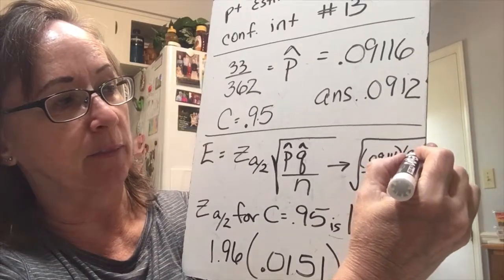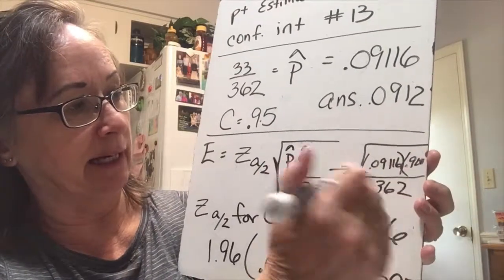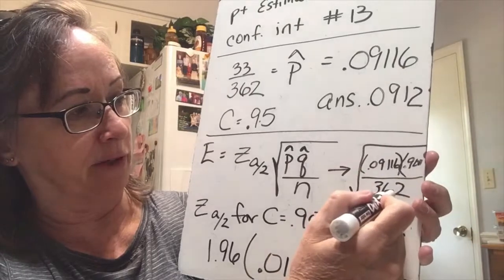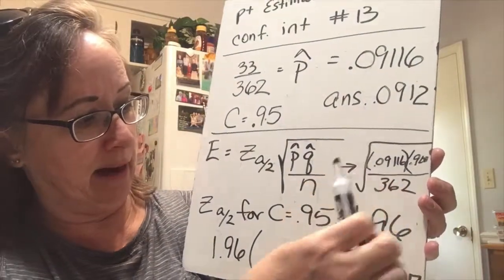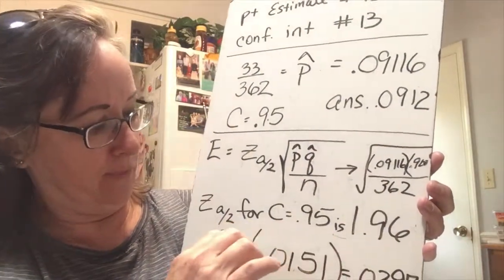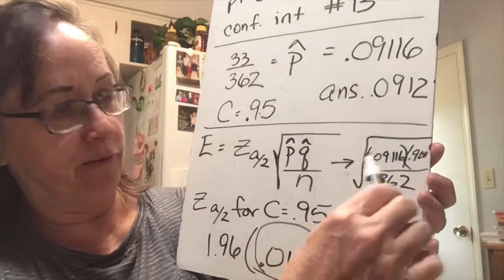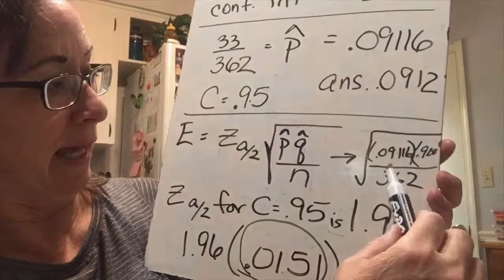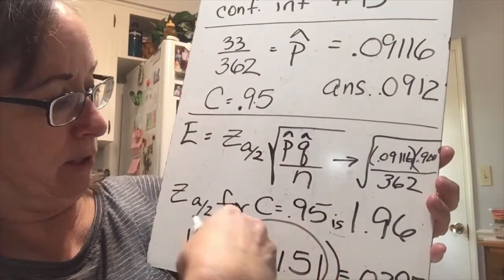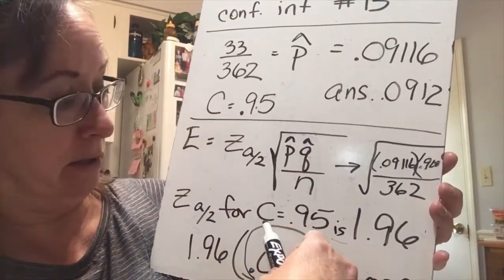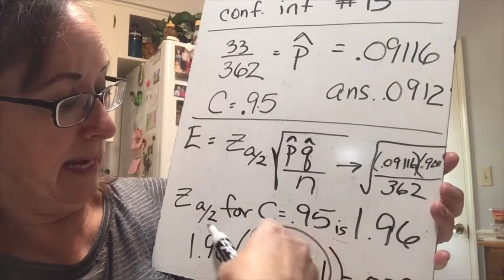I calculated all of this out for you, and this value right here is the square rooted value. Then I went to my z chart, my normal table.